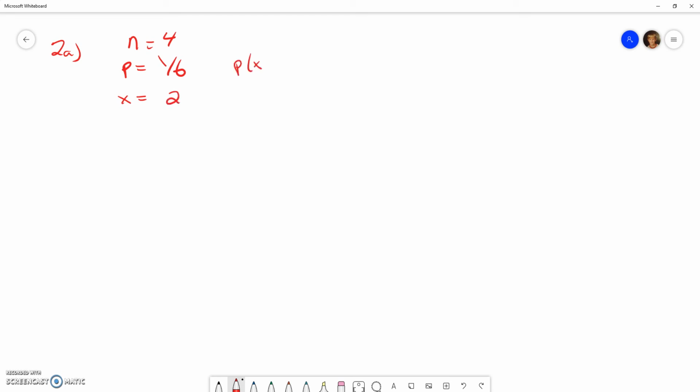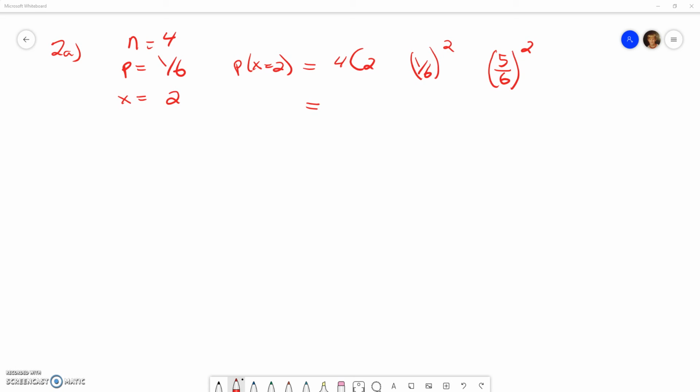So the probability that x will be 2, meaning you roll 4 dice, what's the probability that 2 of those 4 dice will show the number 3? We have 4C2. We have 1/6 as our probability to the power 2. And then we have 1 minus 1/6 or 5/6 to the power 4 minus 2, so to the power 2 as well.